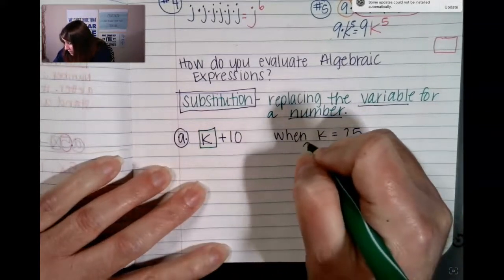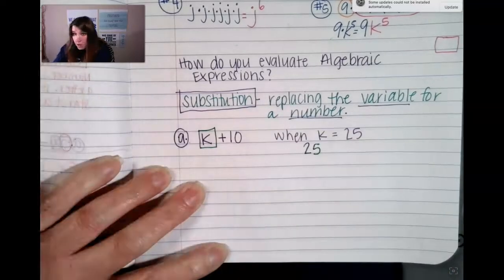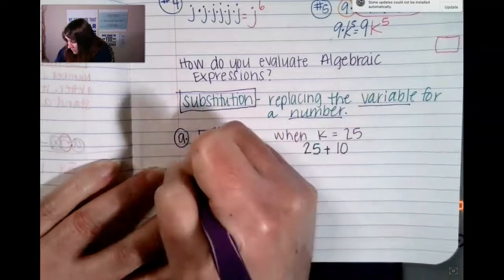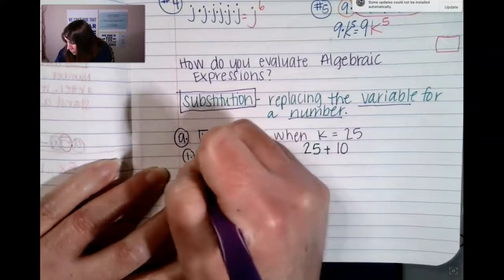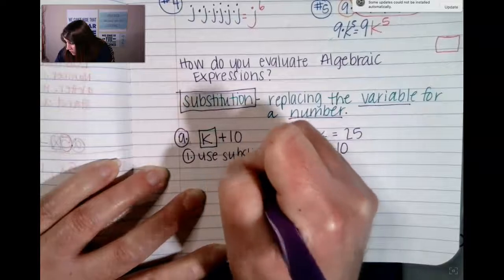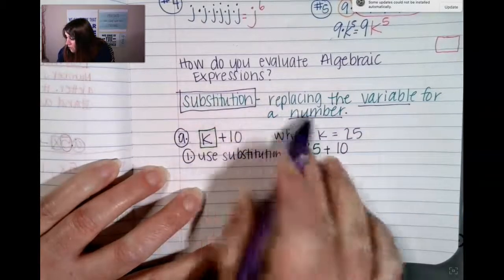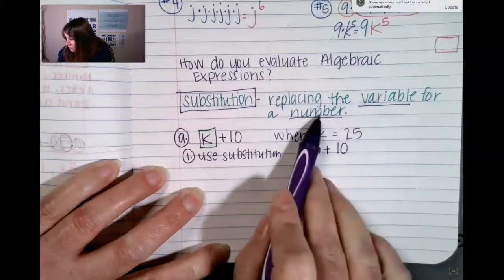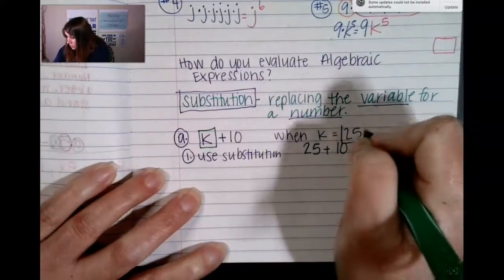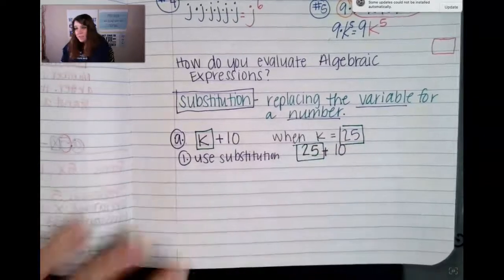So we now write this as 25 plus 10. So step 1, we're going to use substitution. We are going to replace the variable for the number. I took this 25 and just slapped it right on top of the k.